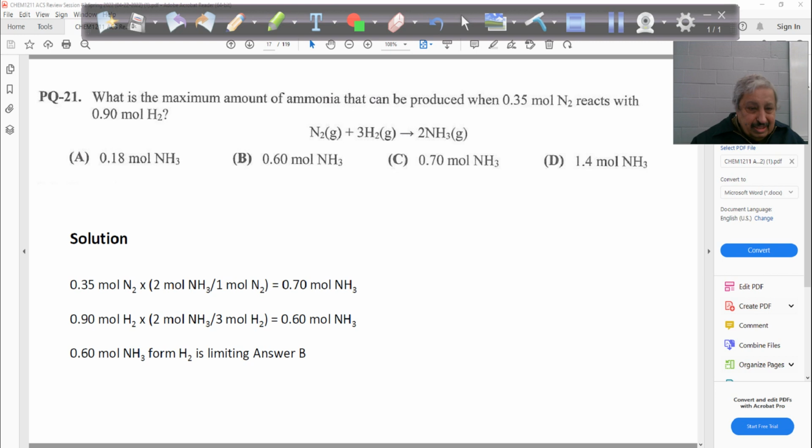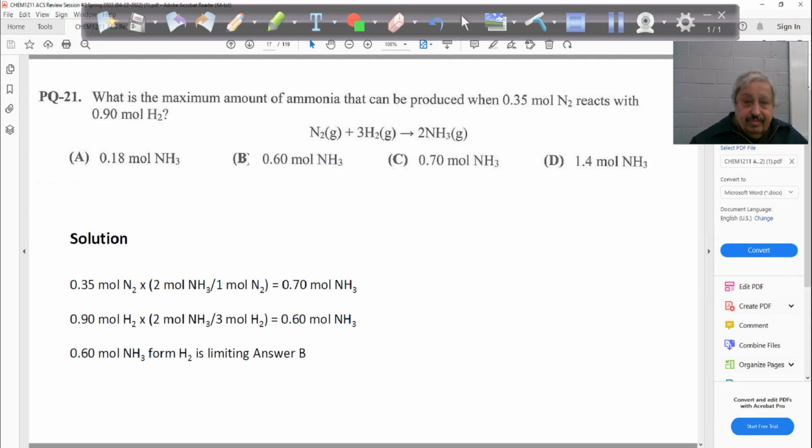The minimum or the maximum? Yeah, they are correct. We have to base the amount coming out on the limiting reactant, which is 0.6. 0.6 is correct. So you base your yield on the limiting reactant.